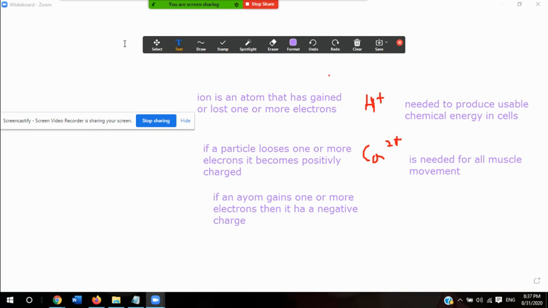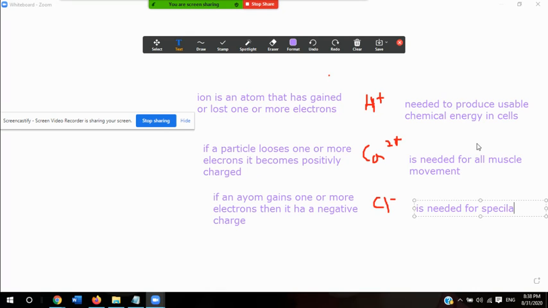And the last ion that we have in our bodies that we need for certain processes is chloride, a negative ion. Chloride is needed for certain types of chemical signals in the brain. So they're important in chemical signaling in the brain.